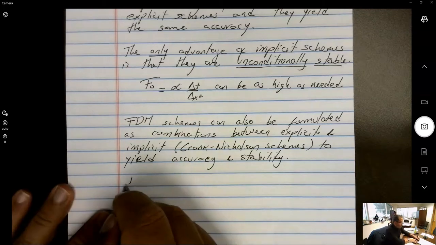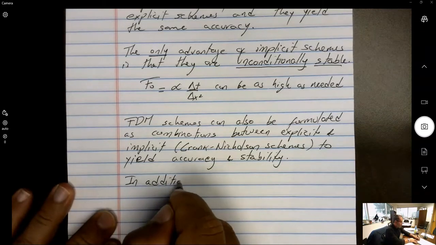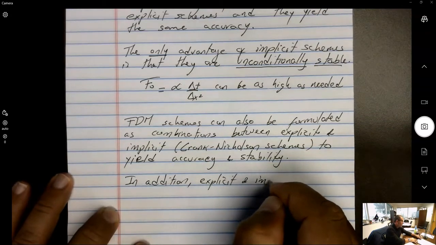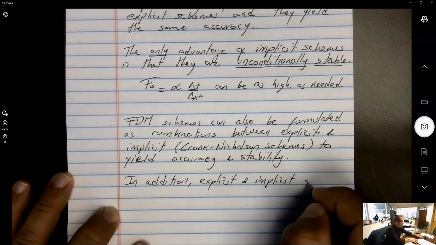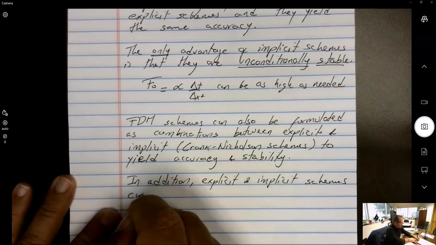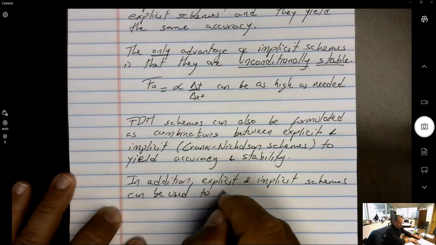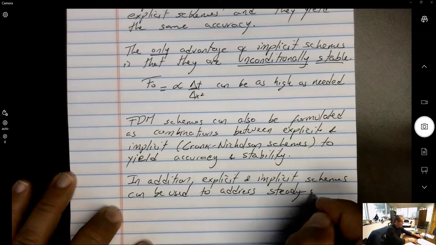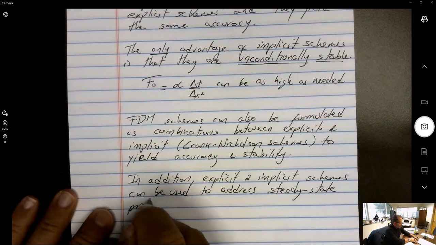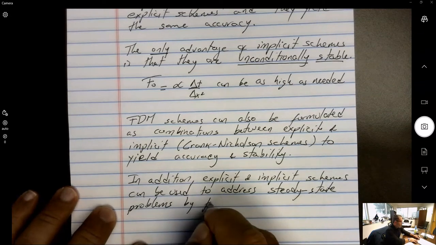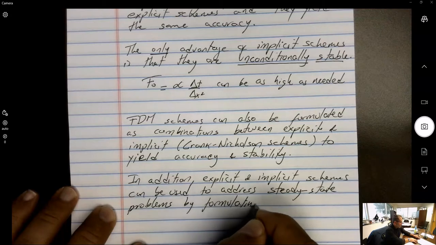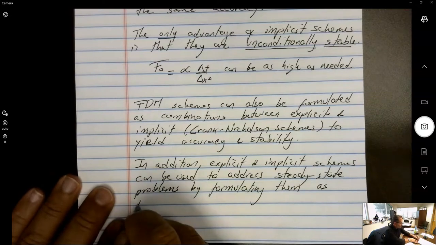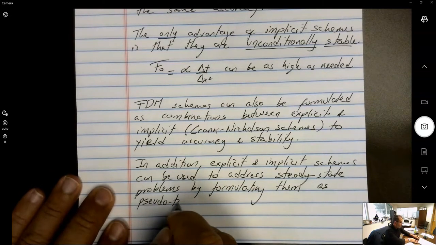In addition, explicit, this is something that I mentioned last class, and implicit schemes can be used to address steady state problems by formulating them as what we call a pseudo transient one.